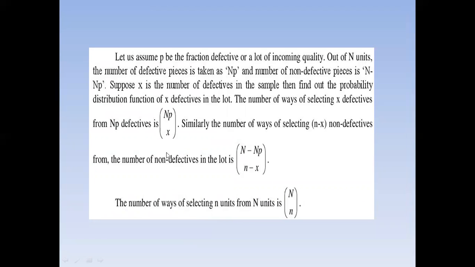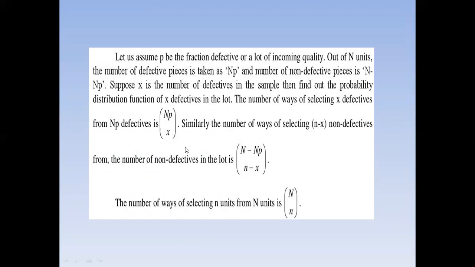Let us assume P is the fraction defective of a lot of incoming quality. Out of capital N units, the number of defective pieces is taken as NP, and the number of non-defective pieces is capital N minus NP. Suppose X is the number of defectives in the sample, then find the probability distribution function of X defectives in the lot.